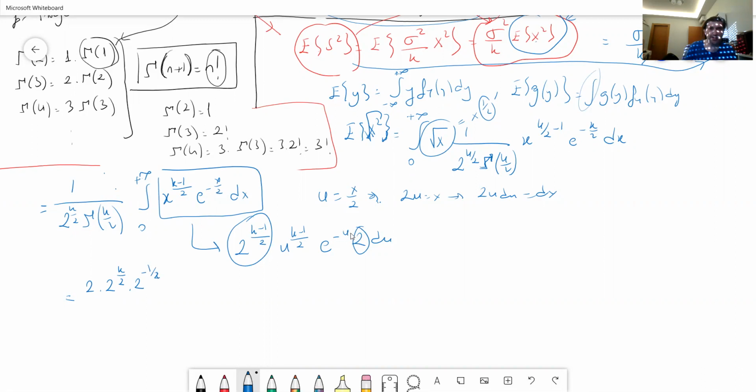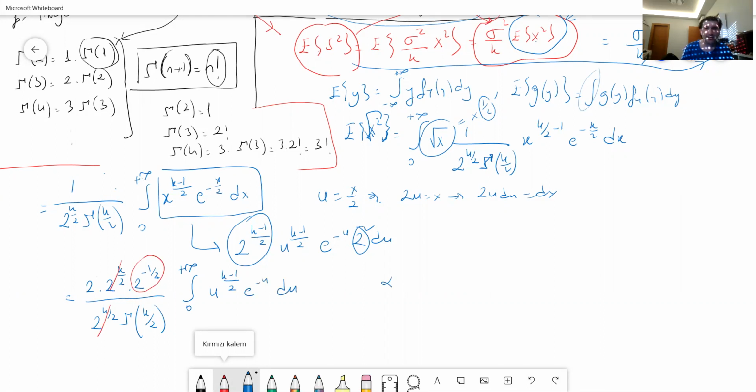All right, I have used this one here, and these two are here, which is going to be 2 to the k over 2 and the gamma function. Again, these terms will cancel, but note that there is an additional 1 over square root of 2 here. Let's continue with the derivation. 0 to plus infinity, u to the k minus 1 over 2 exponential minus u du. And alpha minus 1 is going to be equal to k over 2 minus 1 over 2.